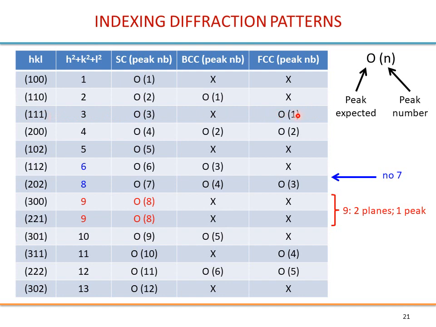Remember, all odd or all even. Second peak this one, third peak this one, etc. This O means there is a peak, the cross means no peak, and this is the peak number.